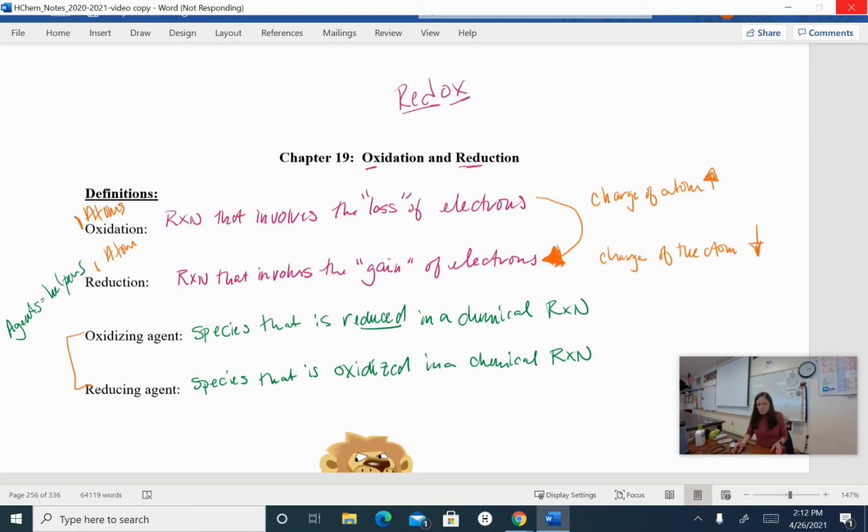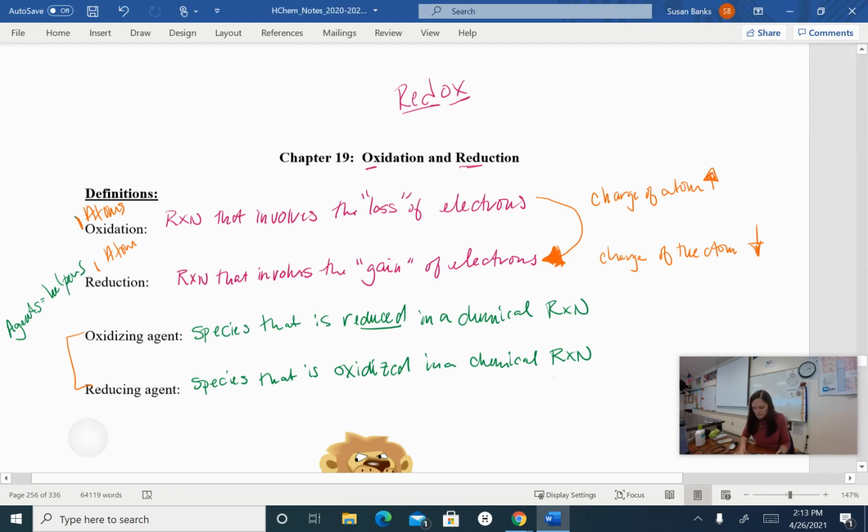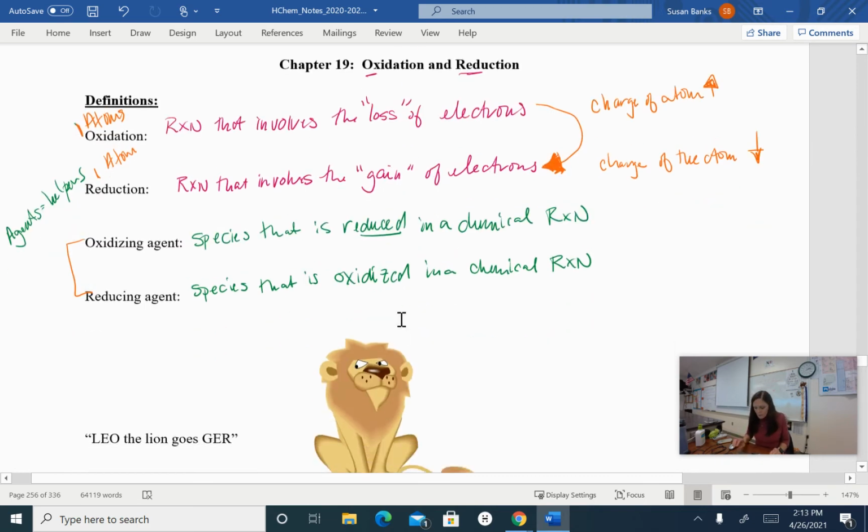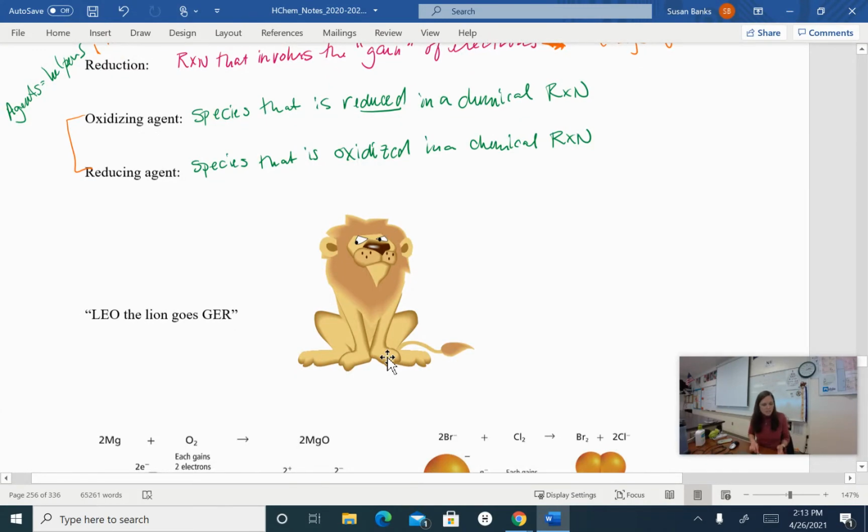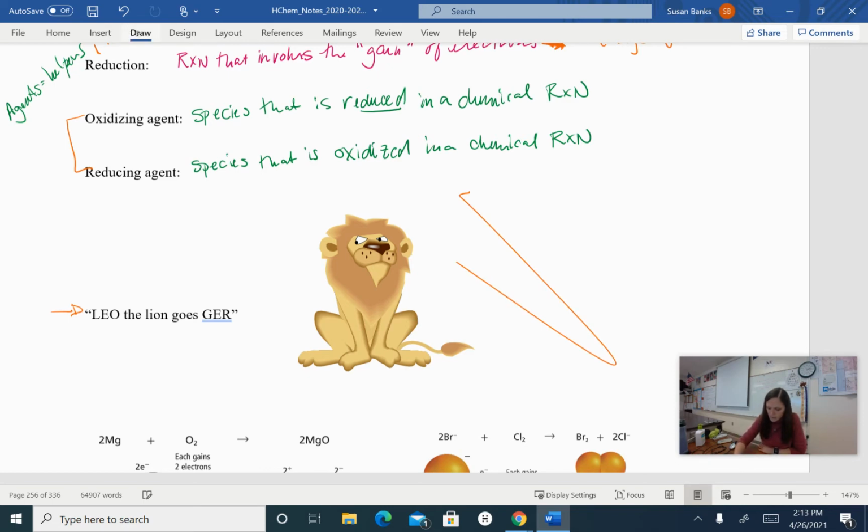Okay, so let's go on here. And it looks like my computer is stuck. So I have this picture of a lion here. The reason I have a picture of a lion is it is a mnemonic that will help us understand oxidation and reduction. Now, I use the mnemonic, Leo the lion goes grr. So Leo stands for loss of electrons.